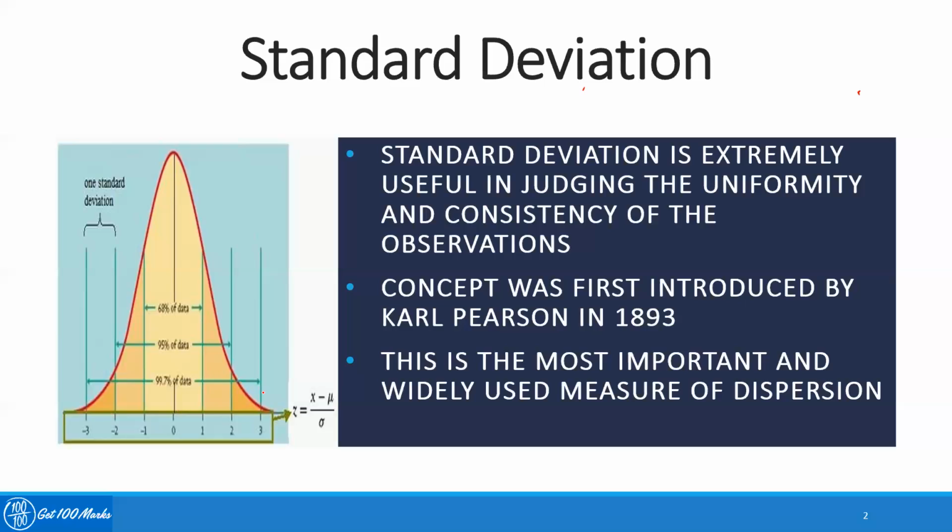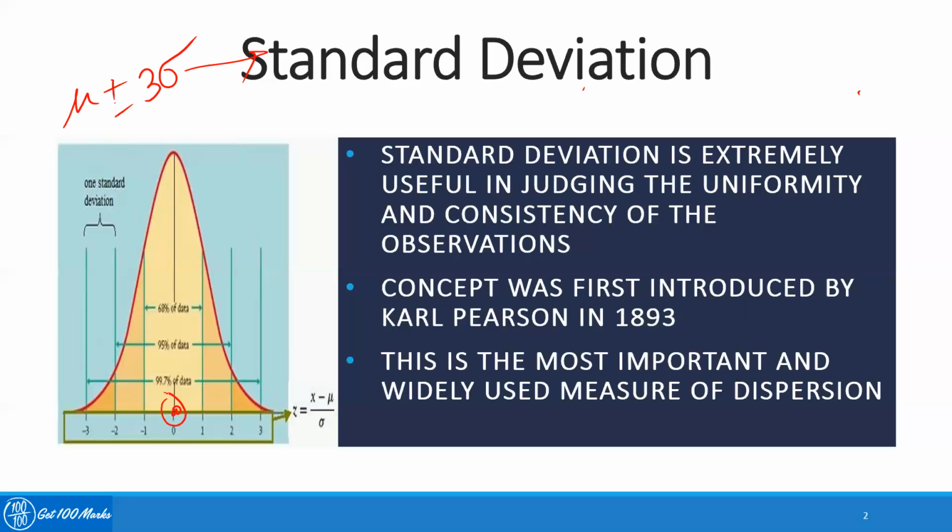For example, if you take 60 students in a class and take the distribution of their heights, you will see mostly they follow a normal distribution. In the normal distribution, all the values in the data set lie between mu plus minus 3 sigma. Sigma is the standard deviation, mu is the mean.